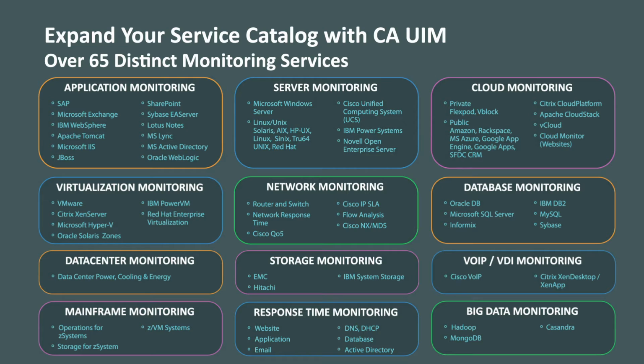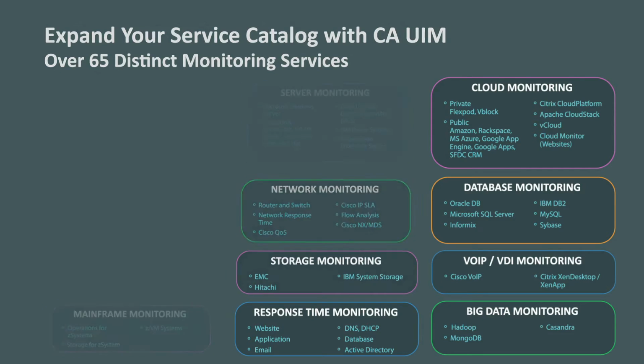For example, CA UIM supports monitoring of converged private cloud stacks, such as vBlock and FlexPod, and this is done through a packaged combination of these monitoring categories. Additionally, you can extend this capability and create your own custom monitoring solutions by leveraging CA UIM's SDK and APIs.